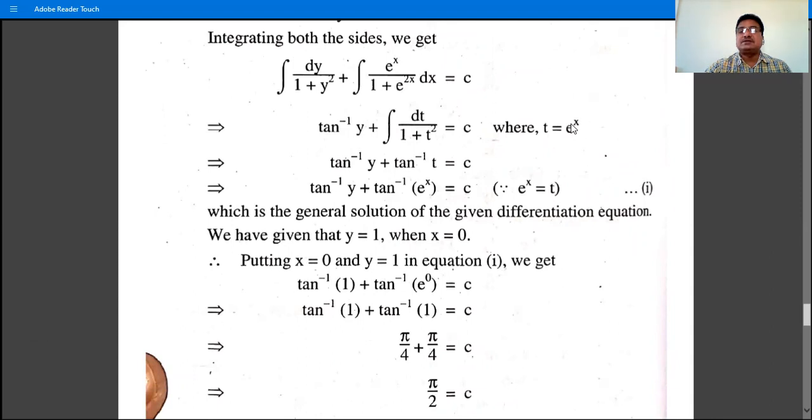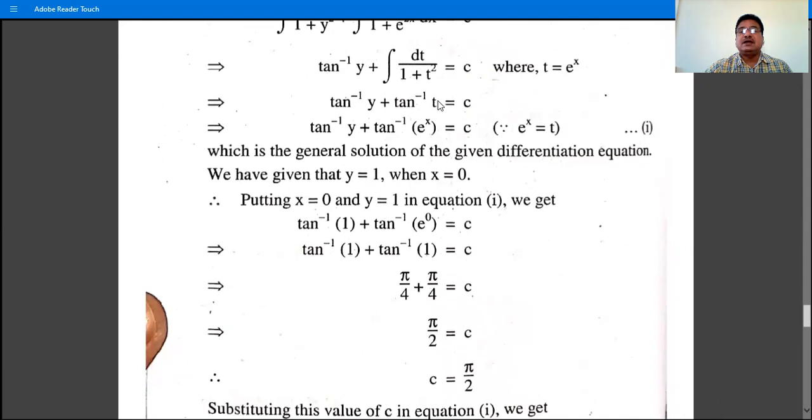Substitute e raised to x as t, and then e raised to x dx is dt. So e raised to x dx is dt, 1 by 1 plus e raised to 2x means e raised to x bracket square, when e raised to x is t, so it is t square is equal to constant, and the integration of 1 by 1 plus t square is tan inverse t, and then substitute t as e raised to x in the next step.